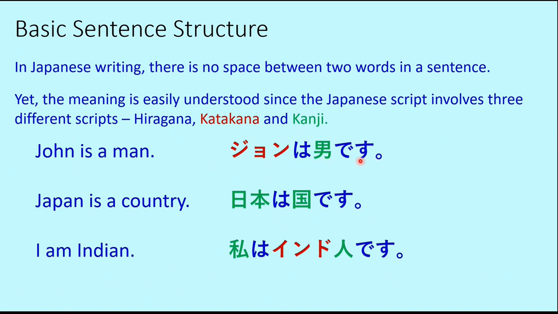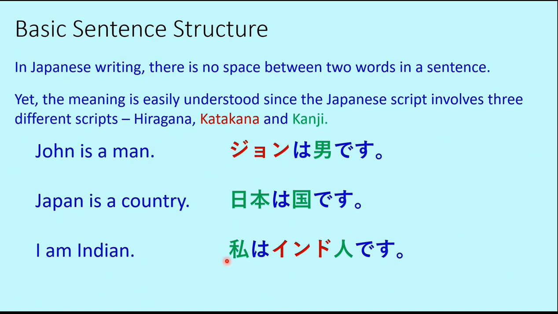John wa otoko desu. Next is Japan is a country. Nihon wa kuni desu. This is the kanji for Nihon. You are aware we have done both these symbols. Nihon wa kuni desu. So kanji, hiragana, kanji, hiragana. This is again very easy to read.